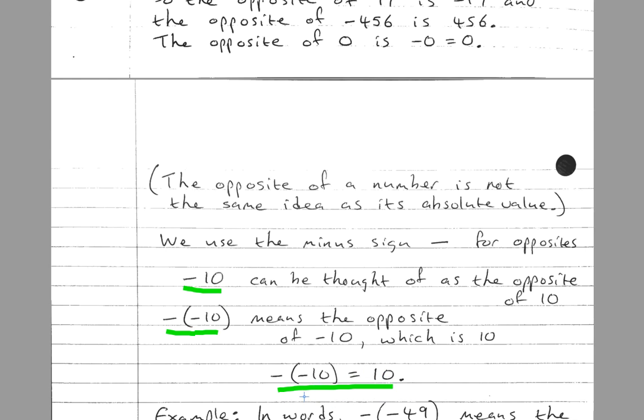That's a good way to read it. You could also read this as the opposite of 10 is 10, you get back to the start. All right, maybe don't do that.